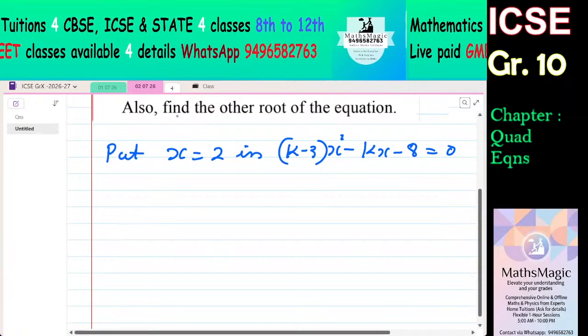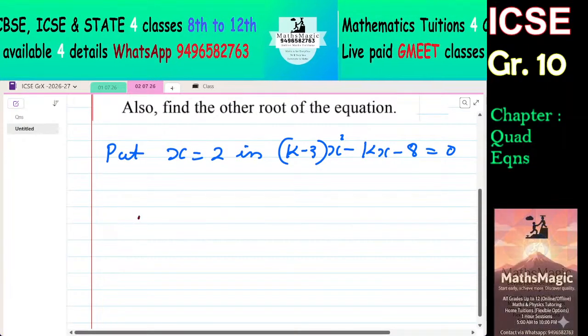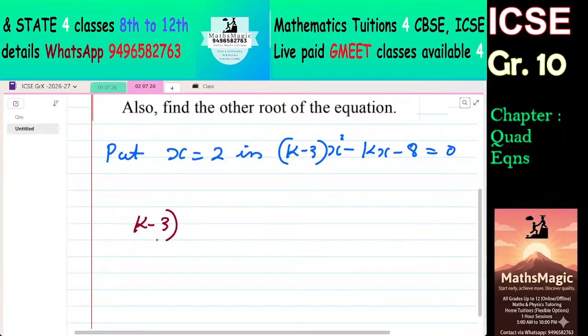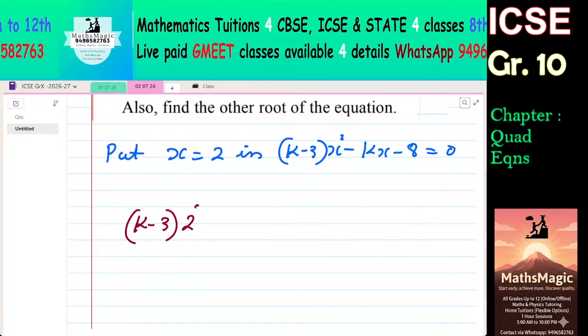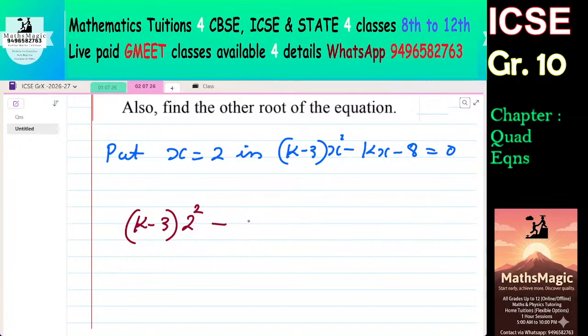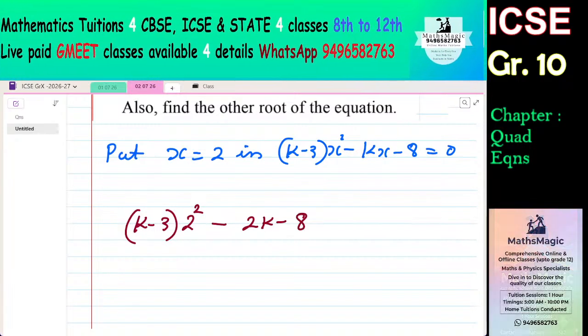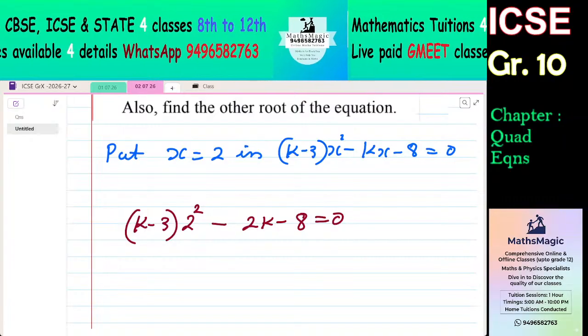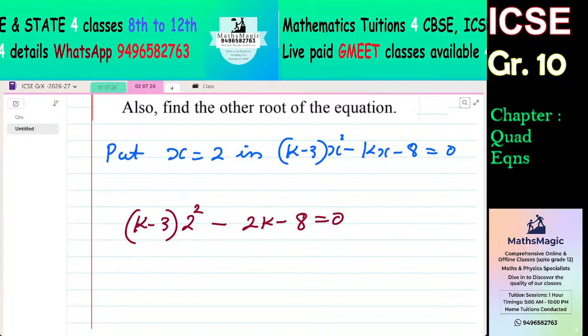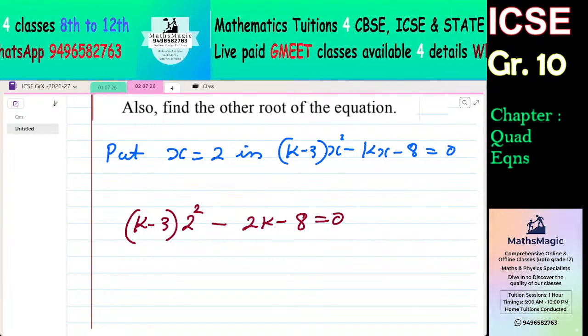So, you will get (k minus 3) into 2 squared minus 2k minus 8 equals 0. Is this okay with everyone?